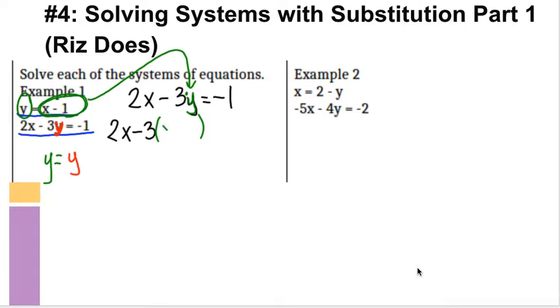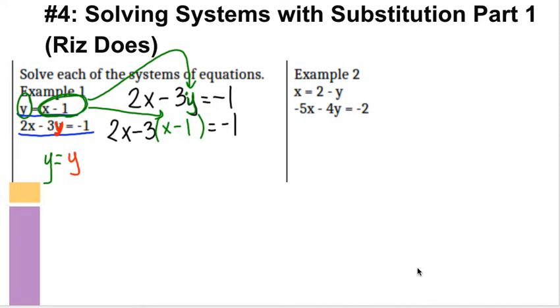I'm going to write x minus 1 from over here, and then continue my equation equals negative 1. That's the big idea behind this. Whatever the variable is that's by itself, I can substitute it into the second equation to be able to solve.